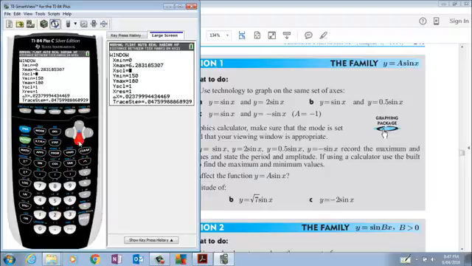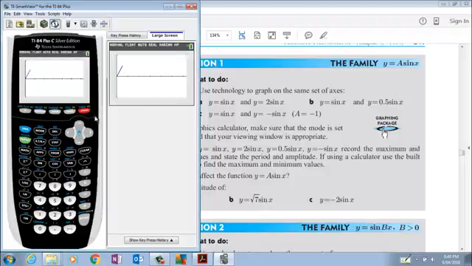Okay, now we know that the values of sine can't be bigger than +1 or minus 1. They can't be outside those regions. So we can set this at 1 and minus 1. Okay, now if we press graph, that's the first one, sine x.